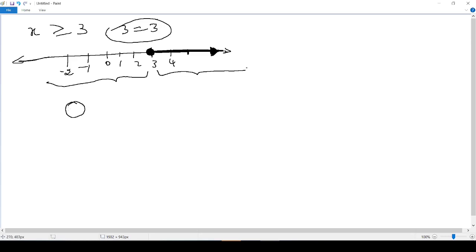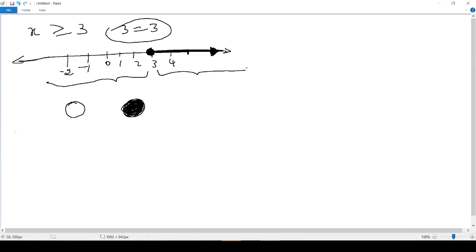So if you see this, that means the number is not part of the solution. But if you see a bold circle like this, very dark, bold, full, not empty, that means the number on which the bold circle sits is part of the solution.